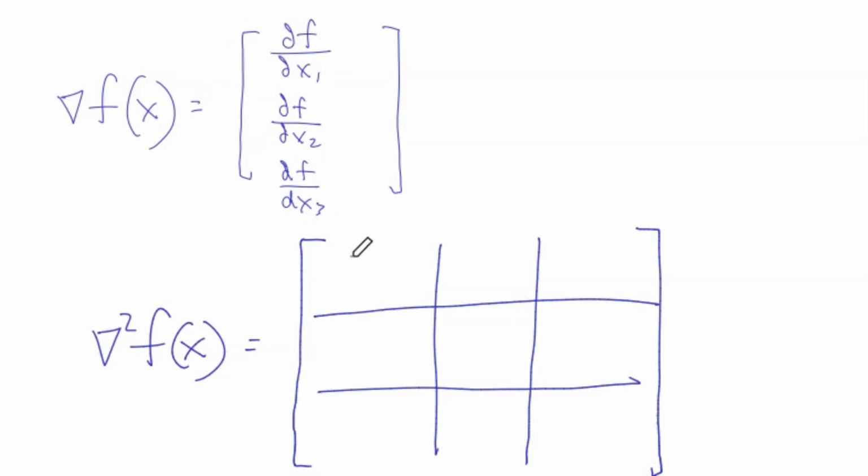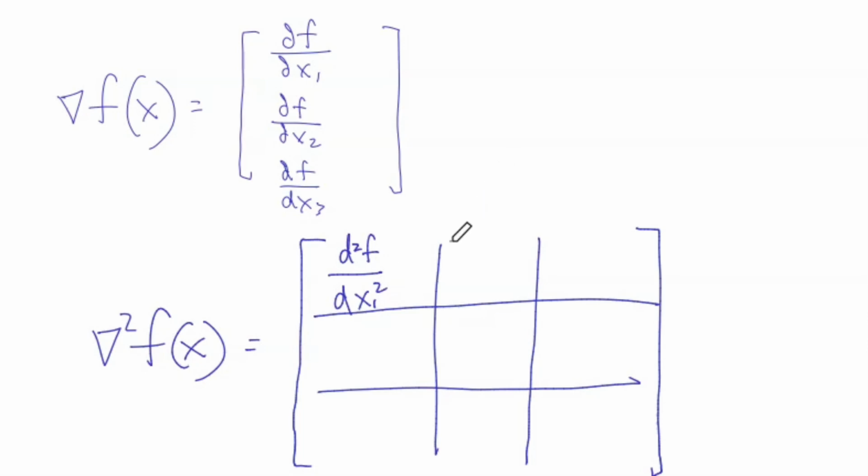So this one is d2f over dx1 squared, not squared actually, second time. The first element is to derive the same function with respect to x1 two times.